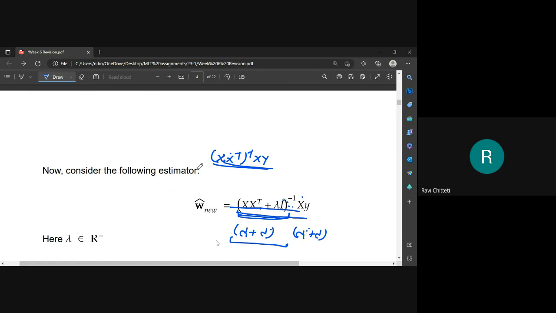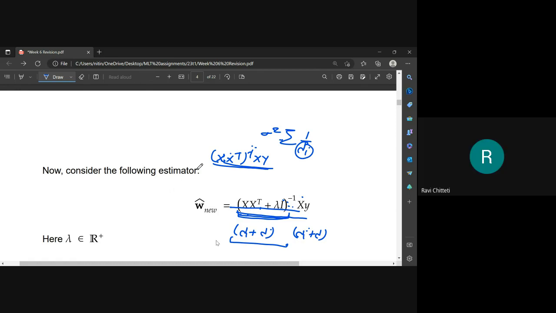Can I ask a question, a very fundamental one? Yeah. Lambdas belonging to XX transpose, I understand. But plus lambda I, what is that lambda and what is the basis for adding it? So our MSE was sigma square summation over 1 upon lambda i, right? So we have to ensure that these eigenvalues should be larger, because we want MSE to be lower.